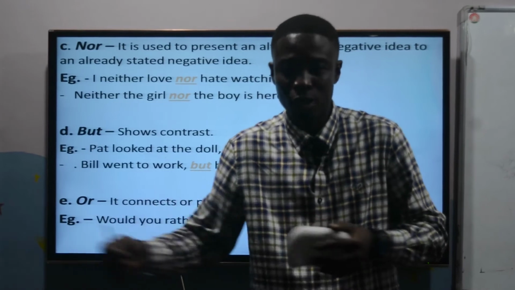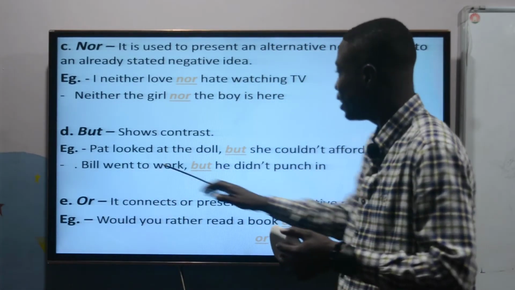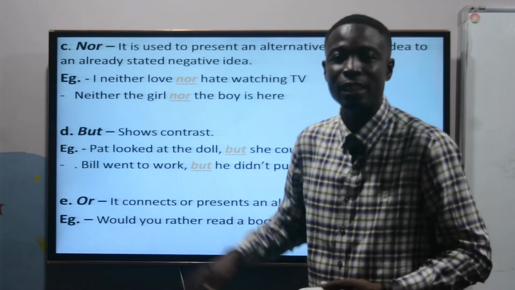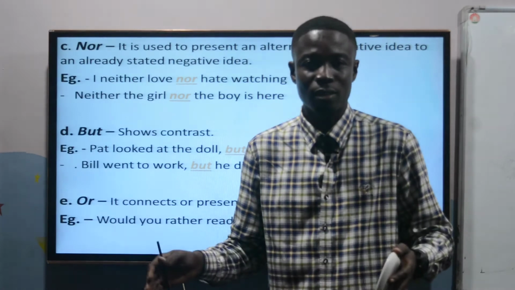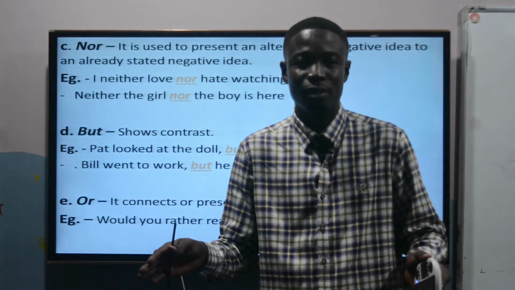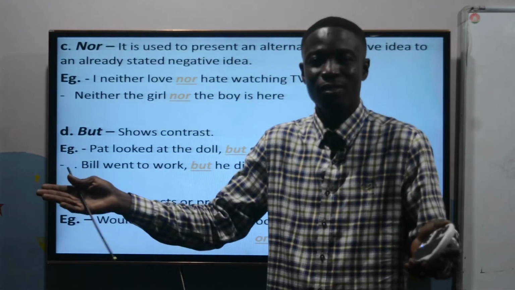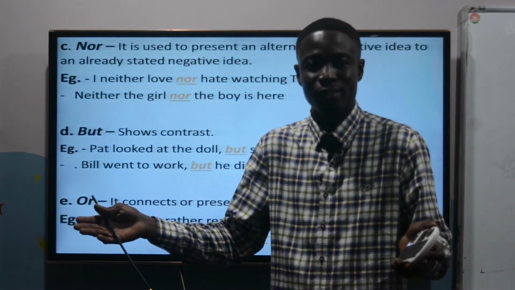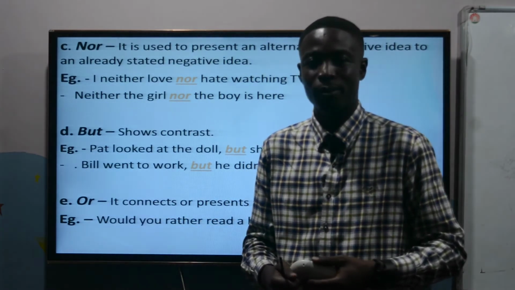And that is the contrast. She not being able to buy it, even when she had looked at it, is the contrast. It doesn't agree logically. So logically, looking at it means she should have been able to buy it, but she looked at it, but was not able to buy it.